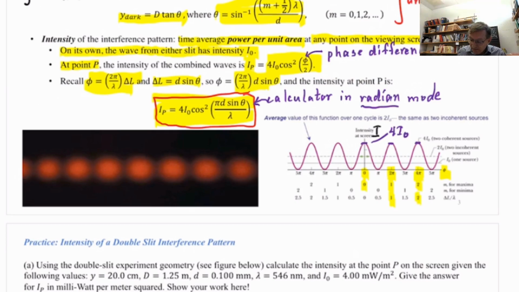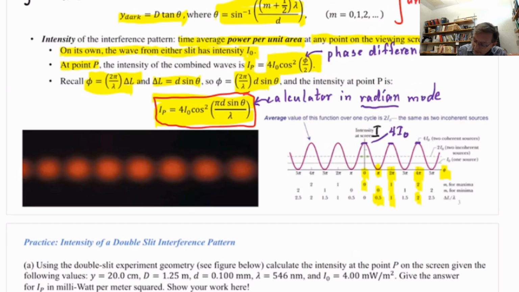And it repeats. Now, here we have a minimum intensity, right? The intensity is 0. That's the first such minimum, and that corresponds to a phase difference phi of pi radians. It's m equals 0 for the minima, and it's a path length difference of half a wavelength.